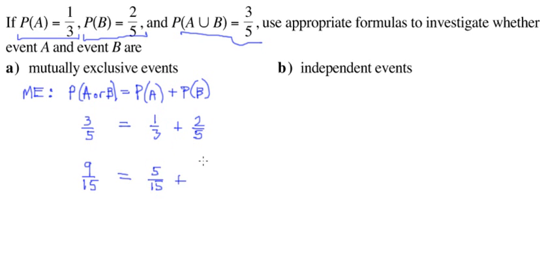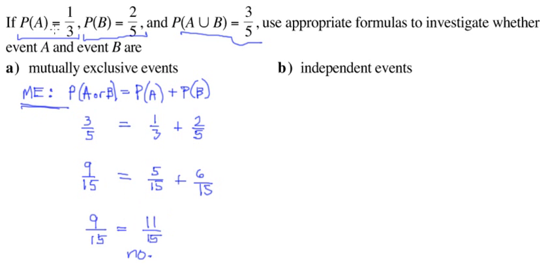And multiply this by 3, top and bottom. And we get 9/15 equals 5 plus 6 is 11/15. No. This equation is not holding, which is the math telling you, no, these are not mutually exclusive events.